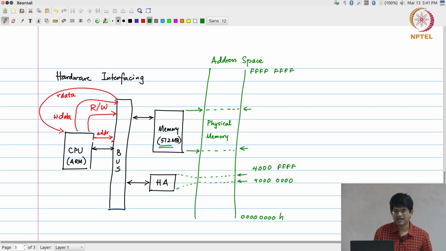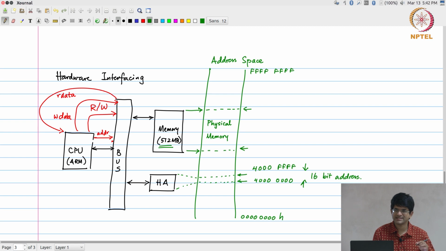But the hardware accelerator by itself does not need all 32 bits of the address. It does not have a 32-bit address space. The hardware accelerator has been designed, according to what I have drawn over here, with only a 16-bit address, because it corresponds to 0000 up to FFFF. That is 16 bits of address.